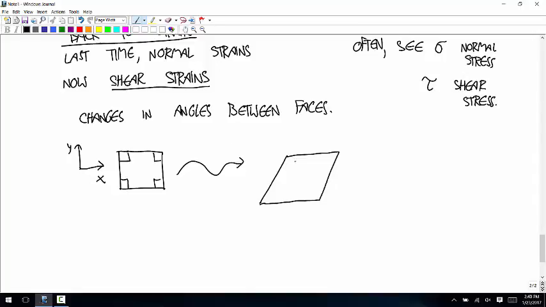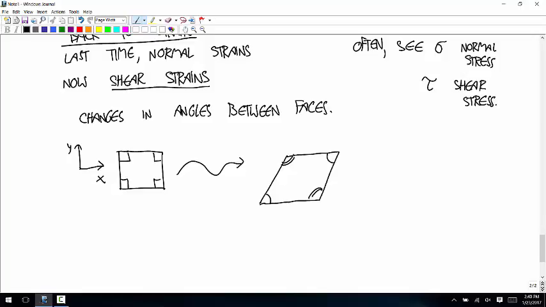The faces are always going to be parallelograms, and if you put parallelograms together, you get a parallelepiped. Now these change. The two opposite angles have to stay the same because it's a parallelogram.